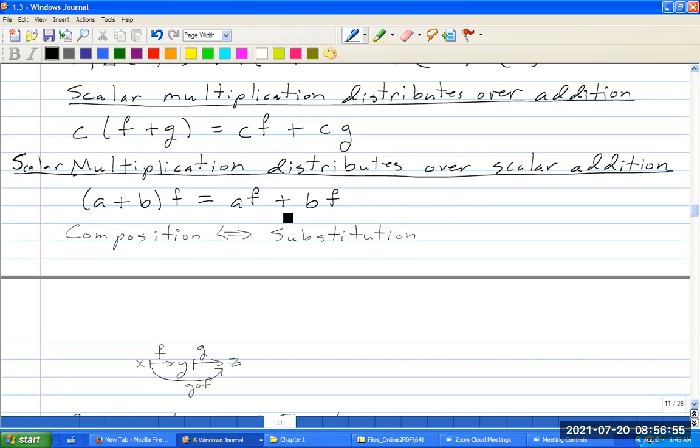Okay, so those are the properties that specify that a set of functions, given these algebraic operations along with some scalars, some numbers, will satisfy the properties of a vector space.